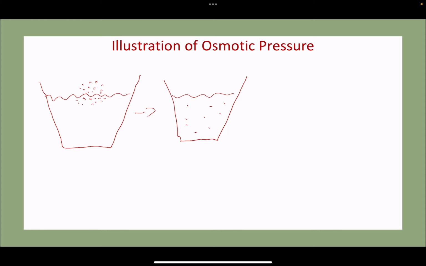Now let's imagine a second scenario where a membrane is stretched through the middle of the bucket, effectively dividing it into two regions, a top region and a bottom region.